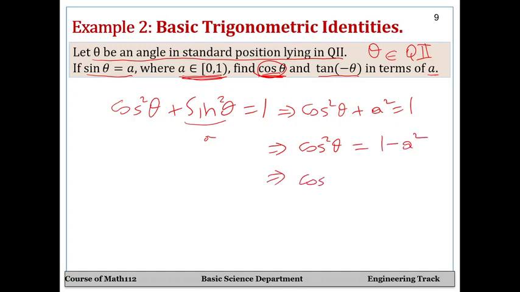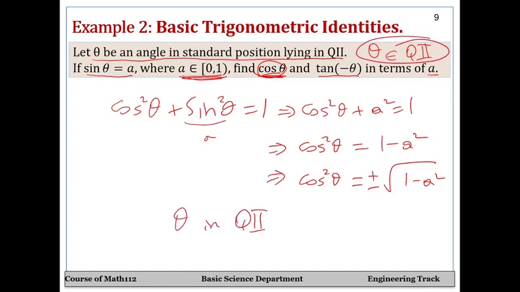When you take the square root, you get plus or minus. But theta is in Q2, and cosine is negative in Q2 by ASTC. So cosine theta has to be minus the square root of 1 minus A squared.